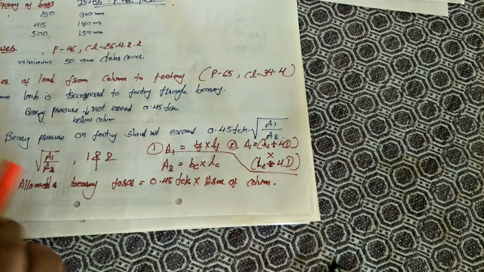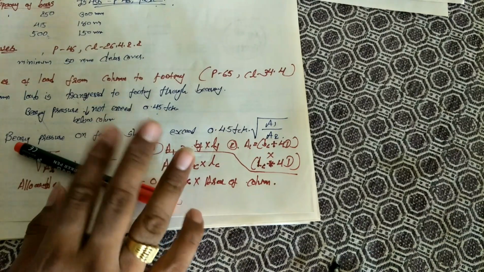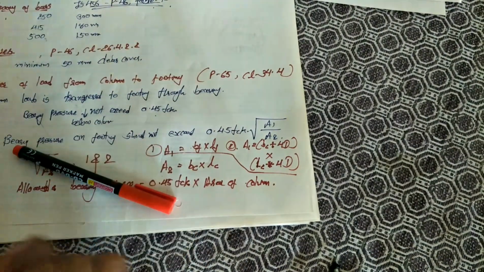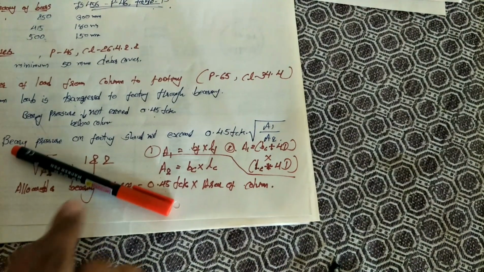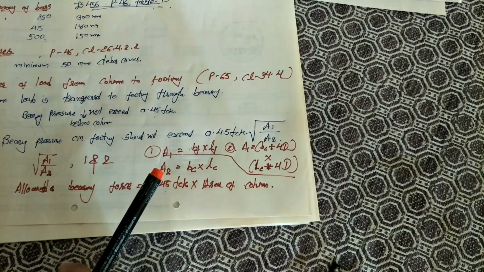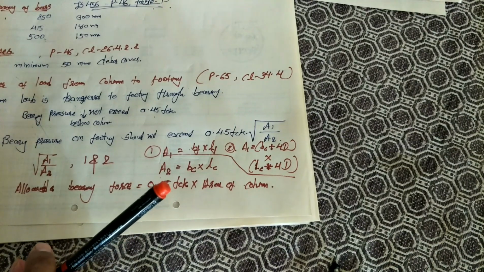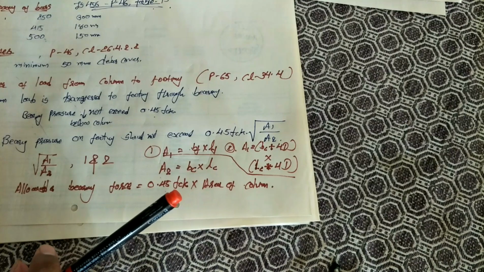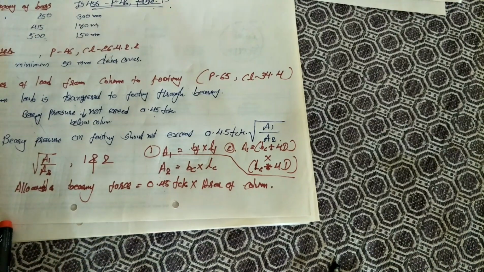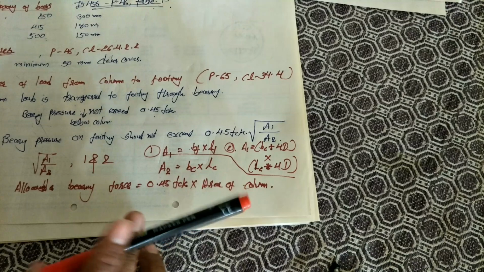If the factored load on column is greater than the allowable bearing force, the column load cannot be transferred to footing through bearing alone. That's why we have to use dowel bars. If the factored load on column Pu is greater than the allowable bearing force, we also have to add the dowel bars.